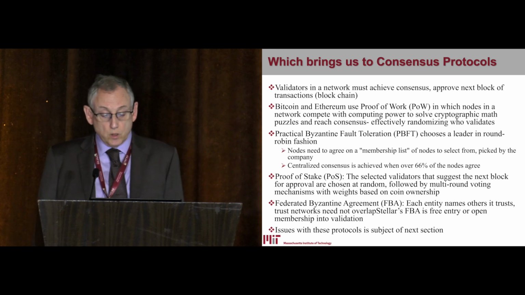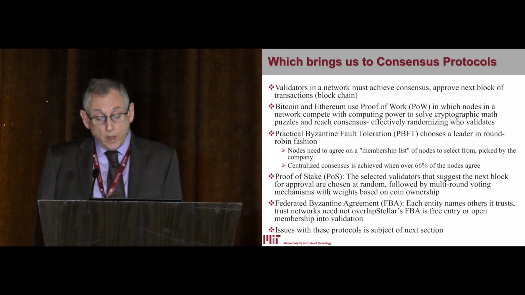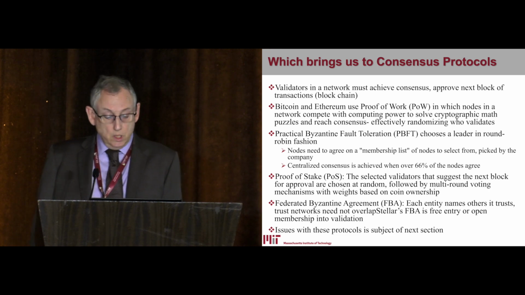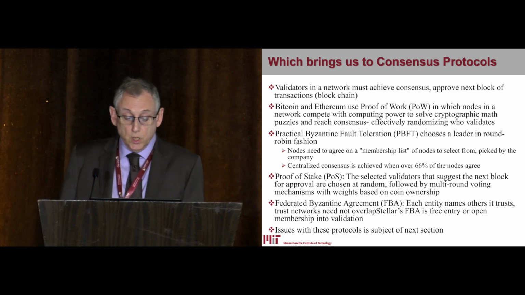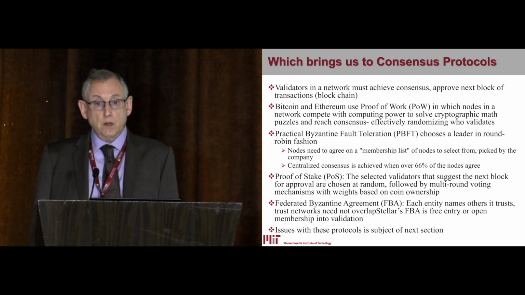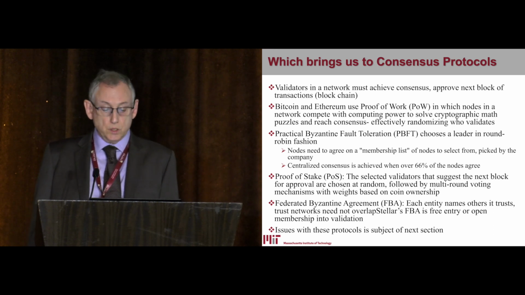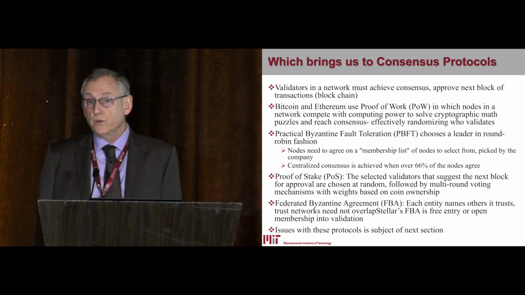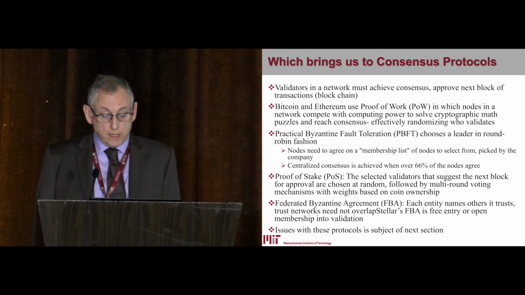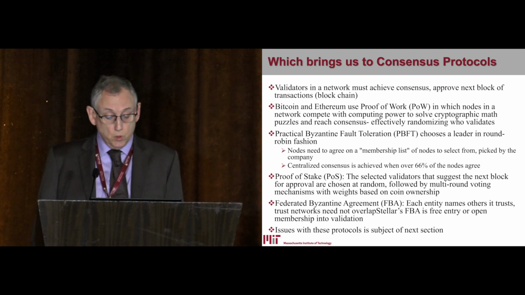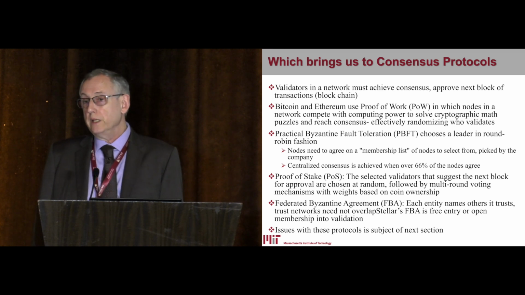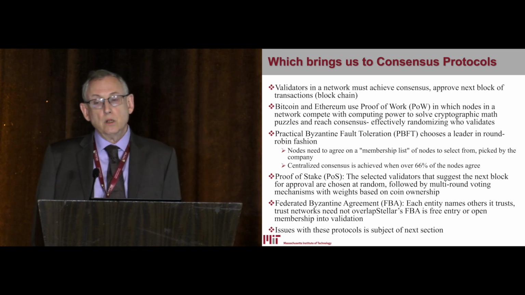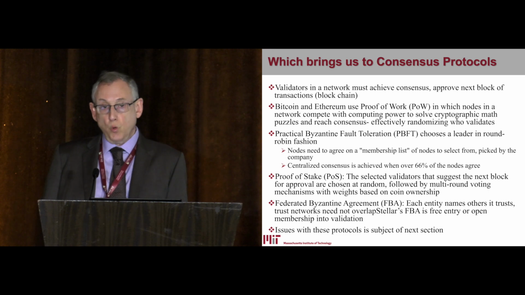Practical Byzantine fault tolerance is a different way of getting consensus. You choose a leader in a round-robin fashion. The system agrees on a membership list of nodes picked by the company, and centralized consensus is achieved when over 66% of the nodes agree to the transaction. Proof of stake is another variation. The selected validator suggests the next block for approval, but chosen at random, and that's followed by multi-round voting mechanisms where the votes are weighted more for holders that hold more of the crypto coin.